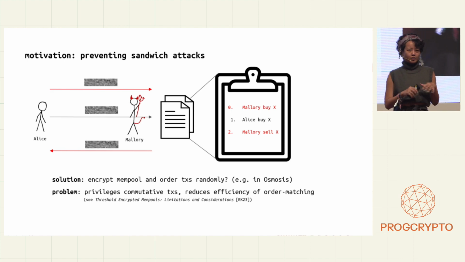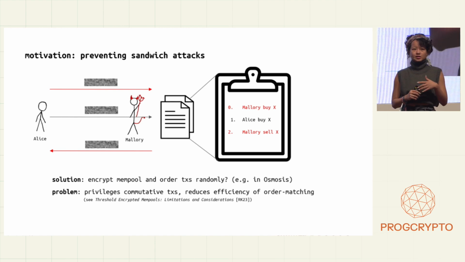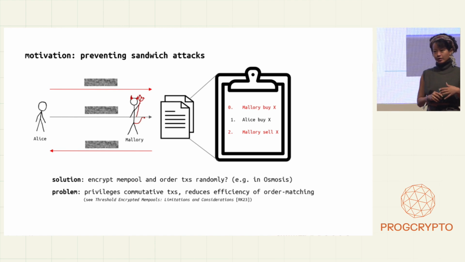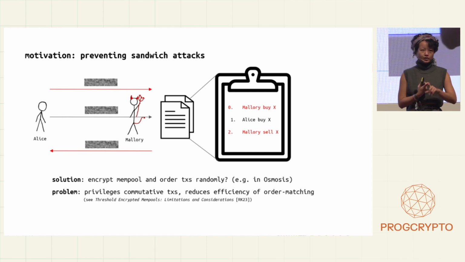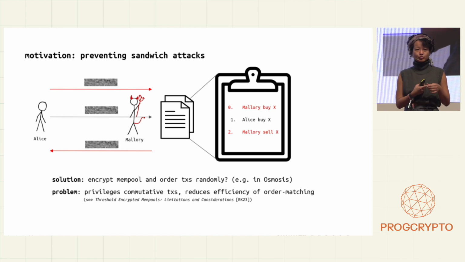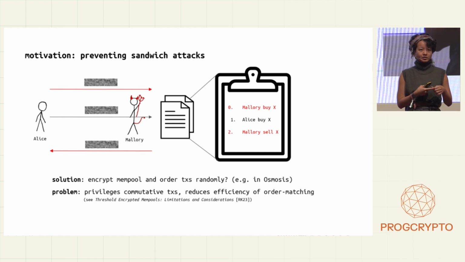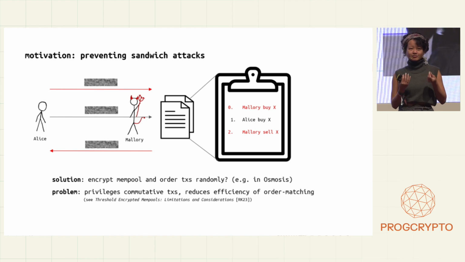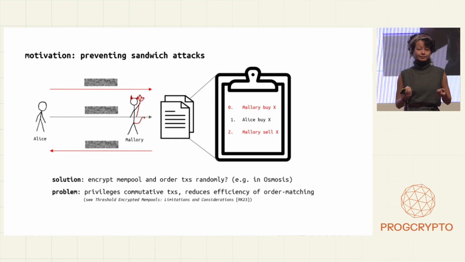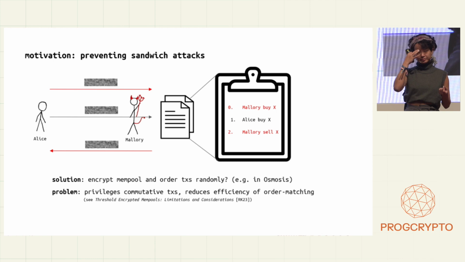Now, a few problems with this naive solution. The first one is that it's not efficient. While it's true that the user is protected from sandwich attacks, there's also no opportunity for the user to benefit from a good ordering of their transaction.